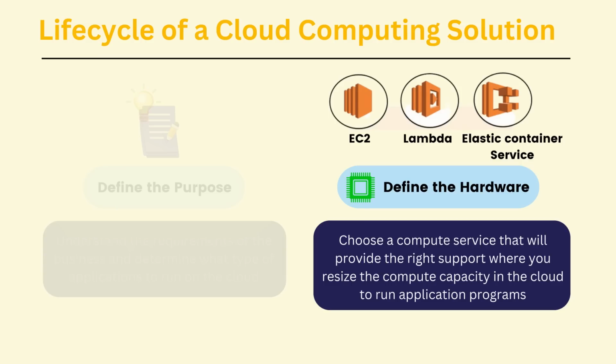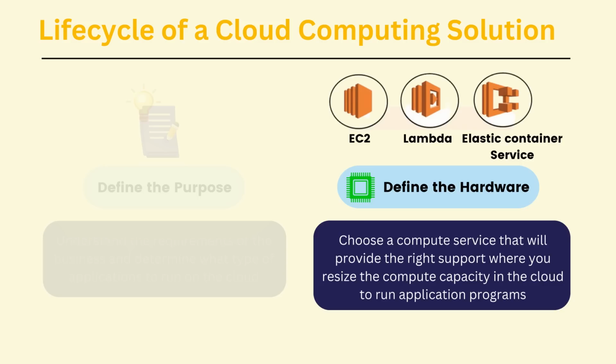Getting a sound understanding, the next thing would be to define the hardware, meaning choose the compute service where you can resize the compute capacity in the cloud to run application programs. Getting a sound understanding of the requirement helps in picking the right hardware. One size does not fit all. There are different services and hardware for different needs.